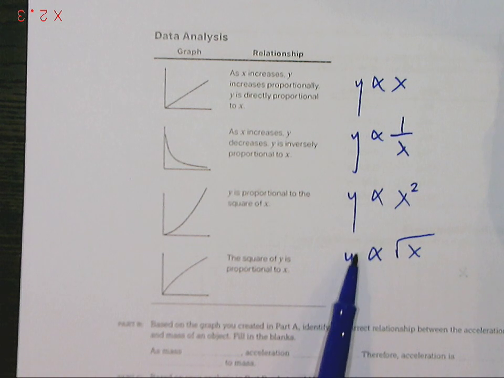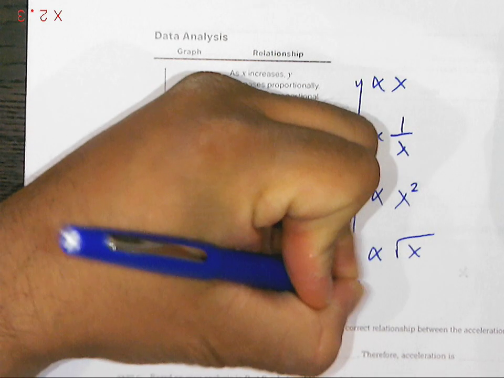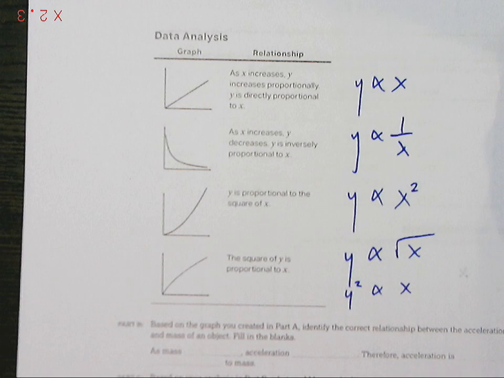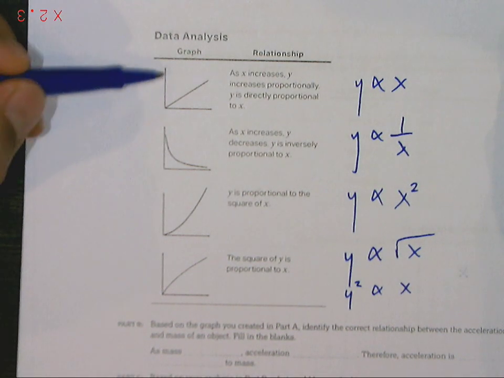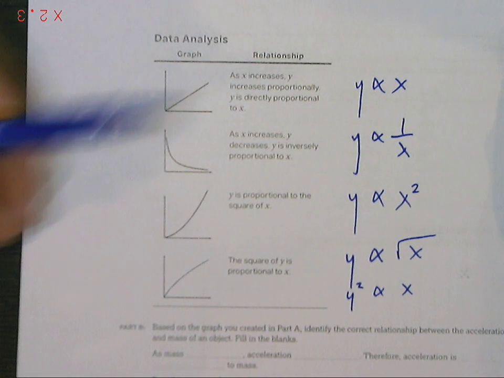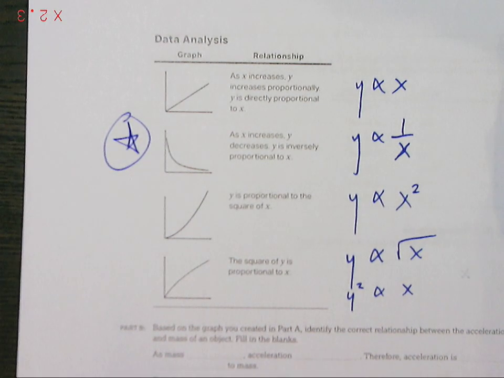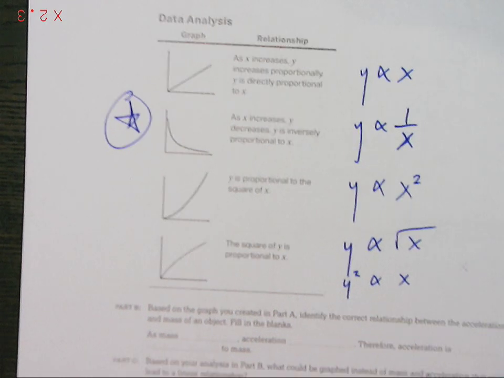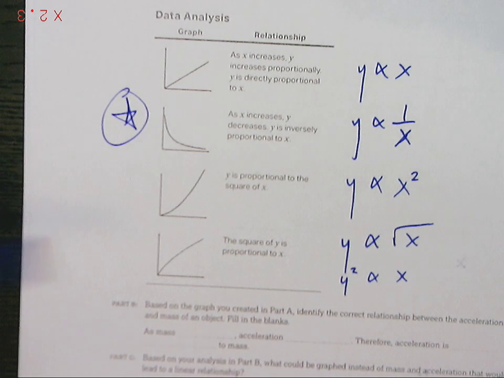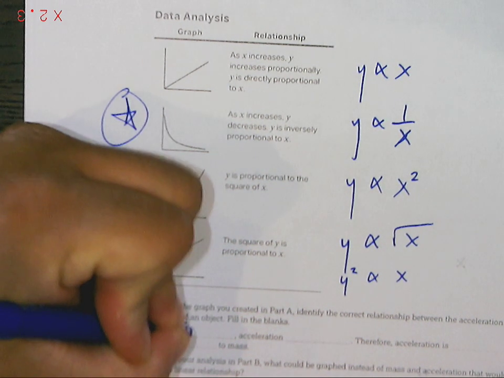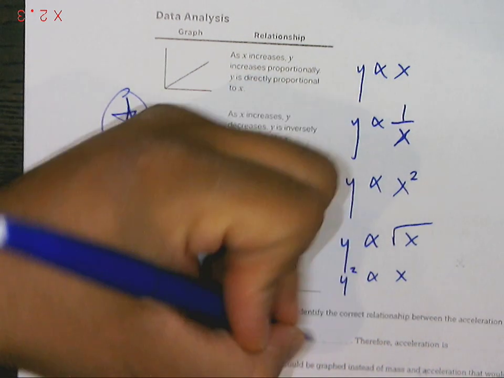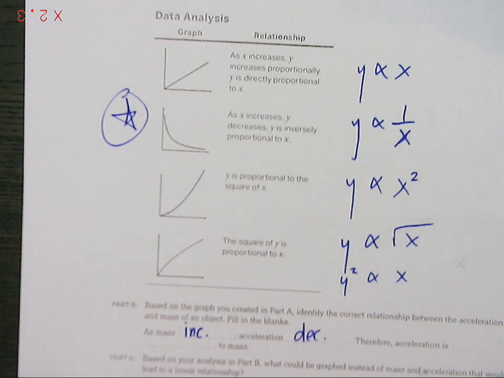If I square y, then I just have x. That's another way of writing this one: y squared is proportional to x. So I definitely think when looking at these 4 relationships that we need to be familiar with, this is the one that matches the graph data set. So based upon the graph from graph A, as mass increases, acceleration decreases.